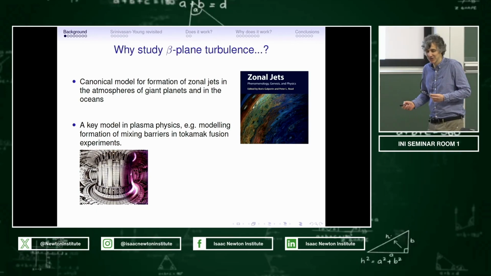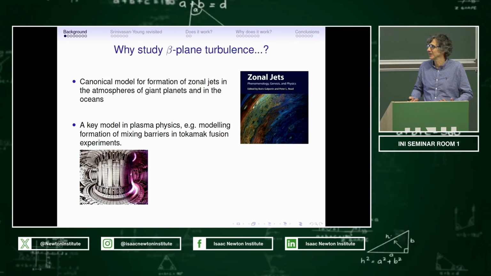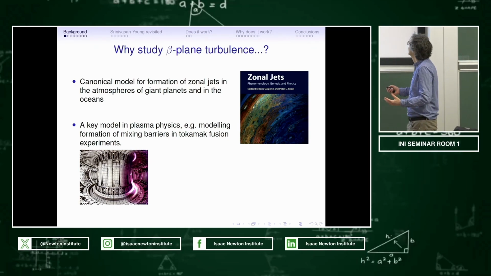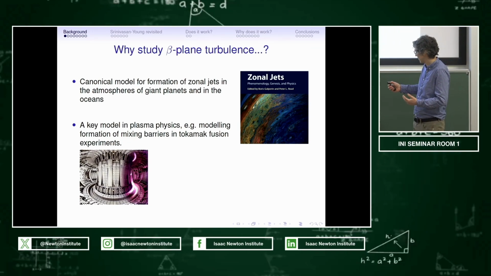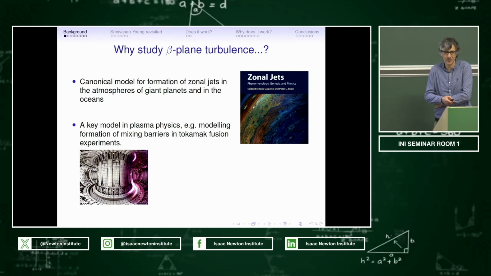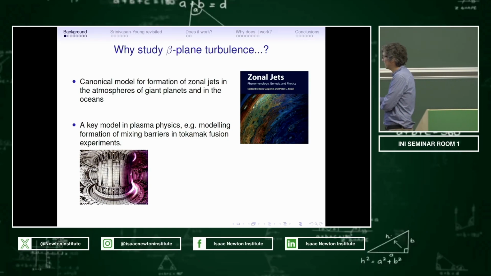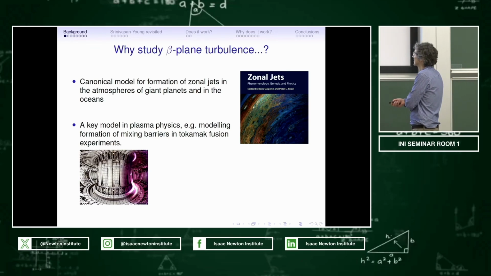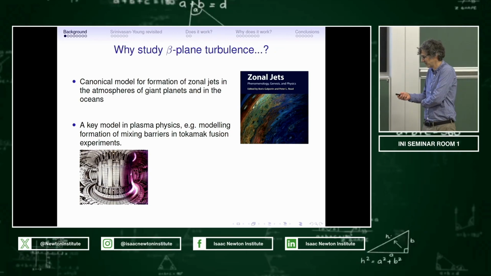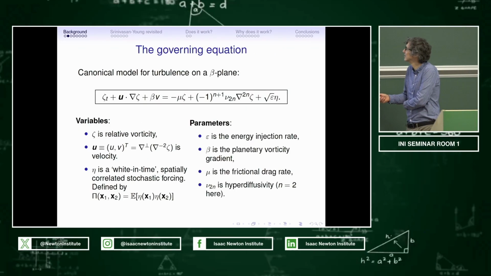So why should we be interested in beta plane turbulence? Because I'm going to be talking mostly about a model equation, so we've got to give some motivation as to why anyone should care about it. One obvious thing is that this model equation has been widely considered a fundamental model for the formation of jets on the giant planets. A variation of it, often called the Charney-Hasegawa-Mima equation, is important for plasma layering and tokamak fusion problems.